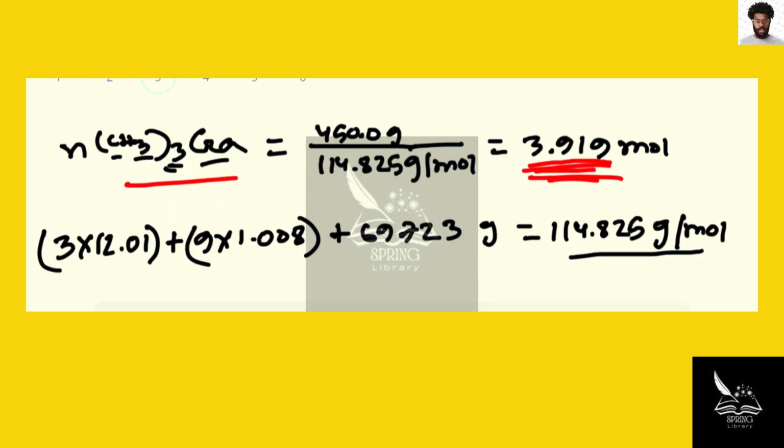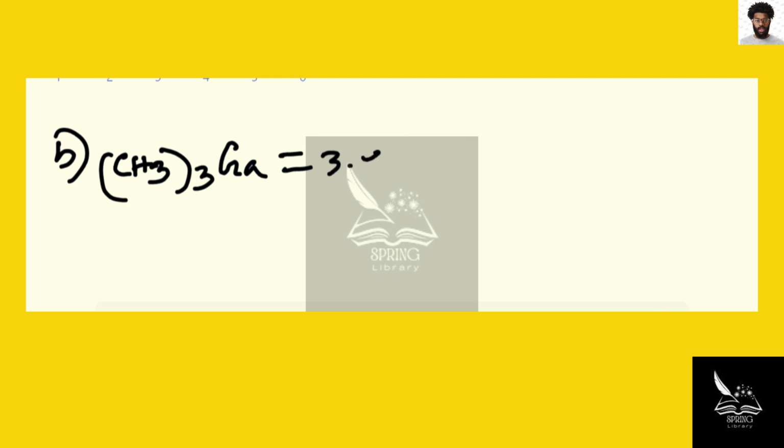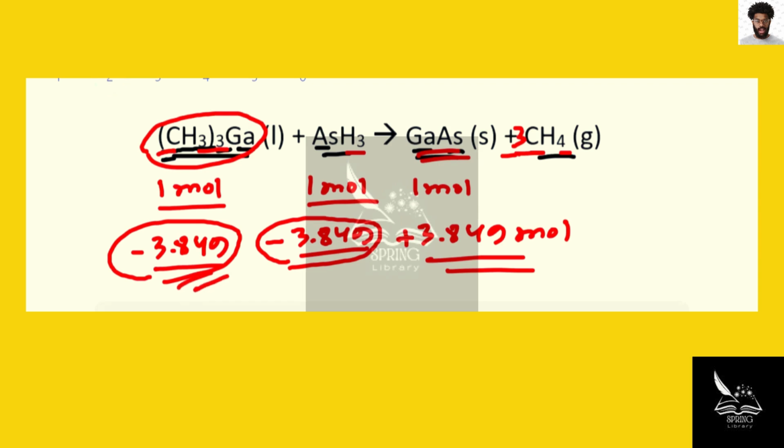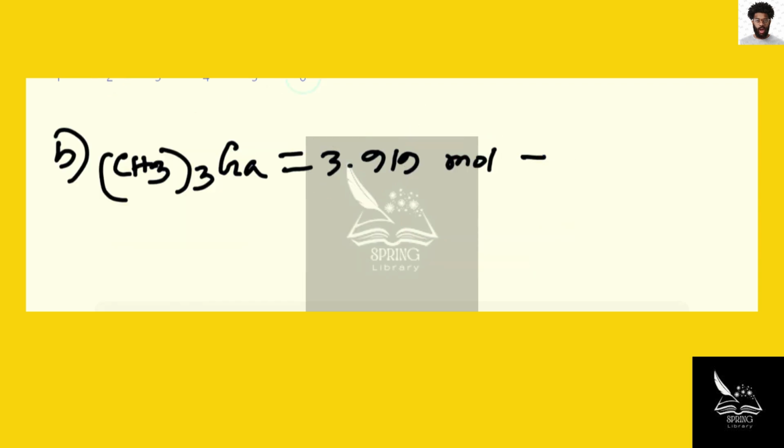So the excess reactant that will be left over is trimethyl gallium, and the amount that will remain is the amount of trimethyl gallium we had, 3.919 mole, minus the amount of trimethyl gallium which is reacting, which is 3.849.